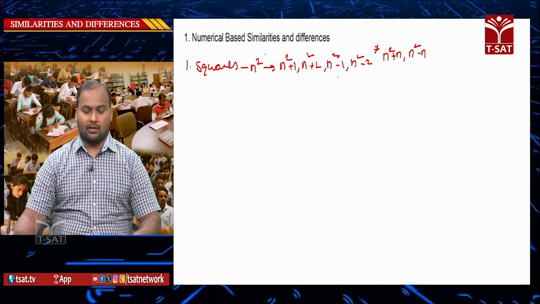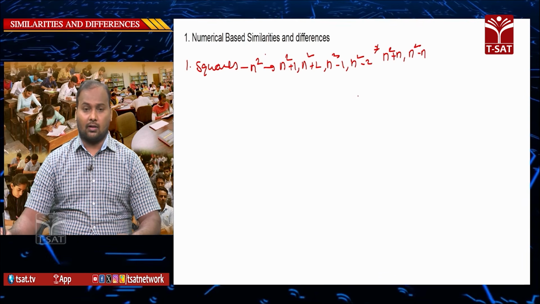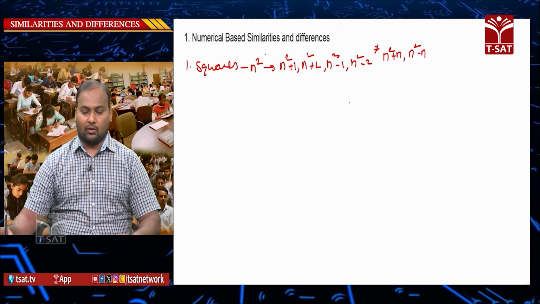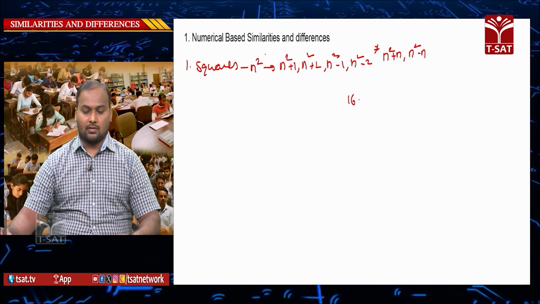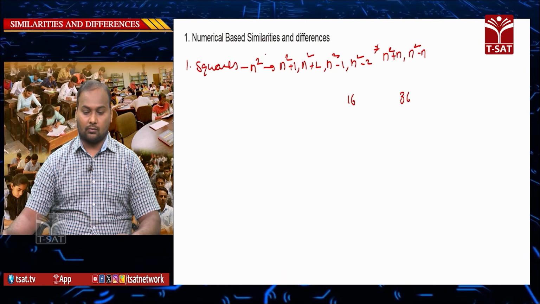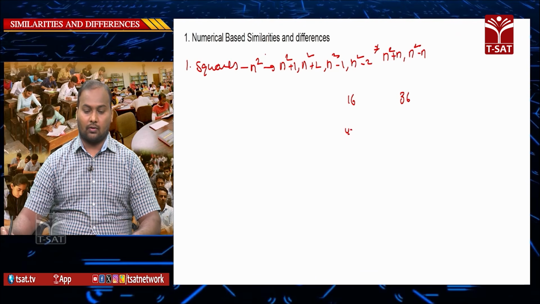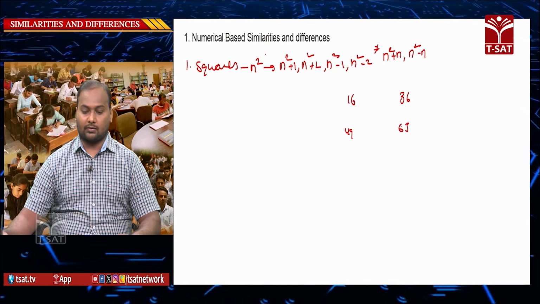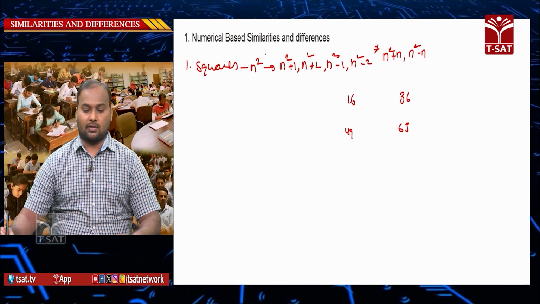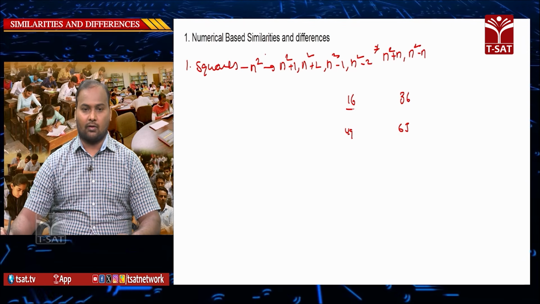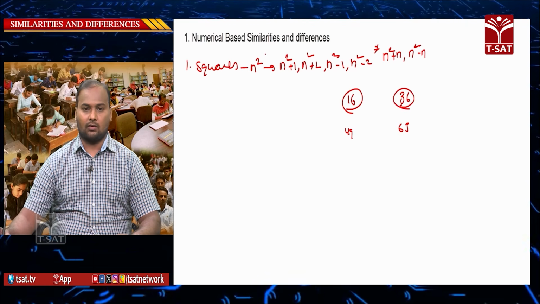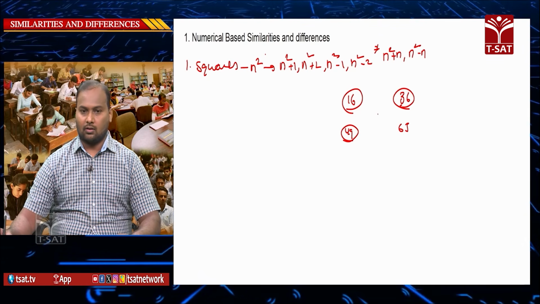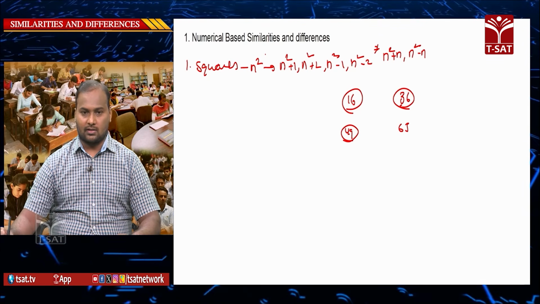So, how can the questions be expected? Generally, for example, he will give 4 options: 16, 36, 49 and 63. See, what is the similar thing in this case? Take 16, 36 and 49. All these are squares, that is the similar thing.